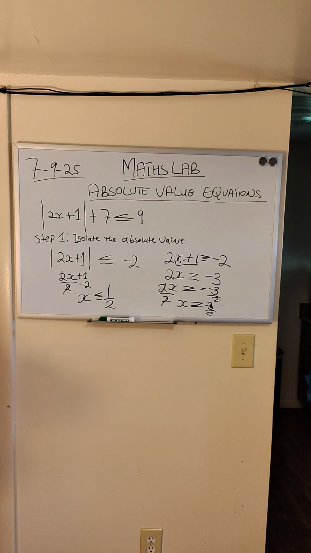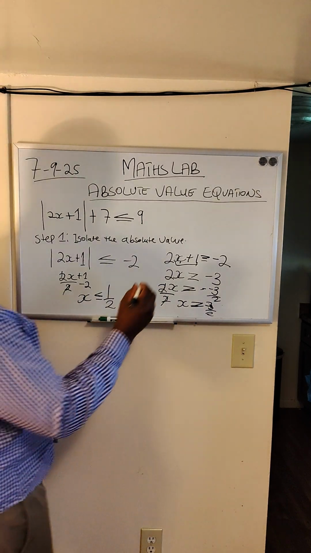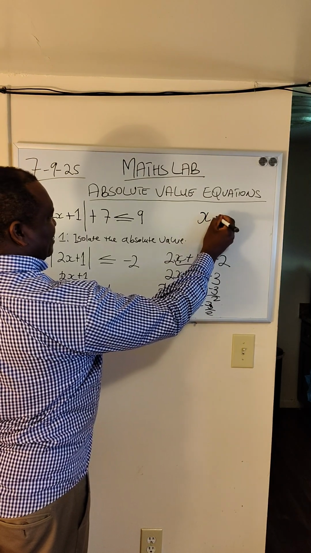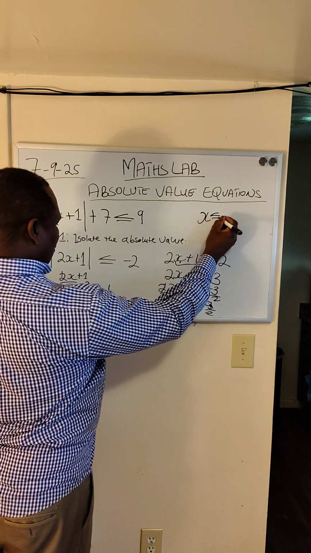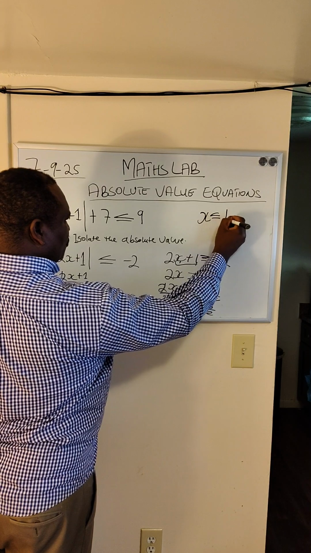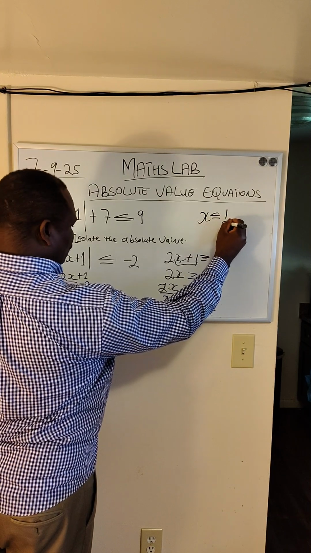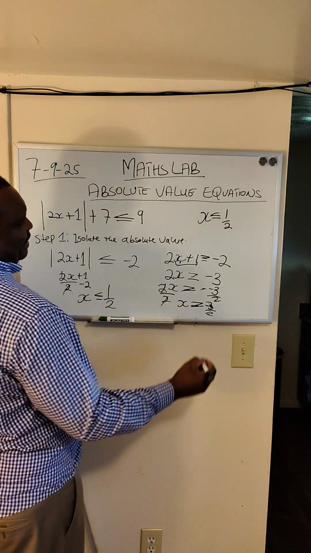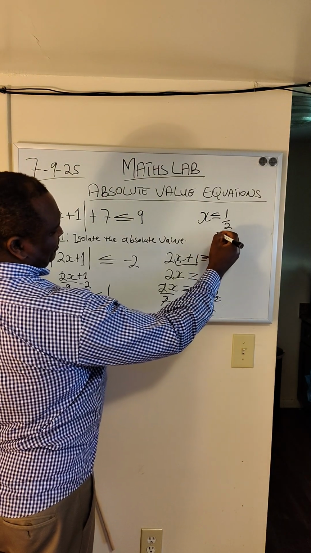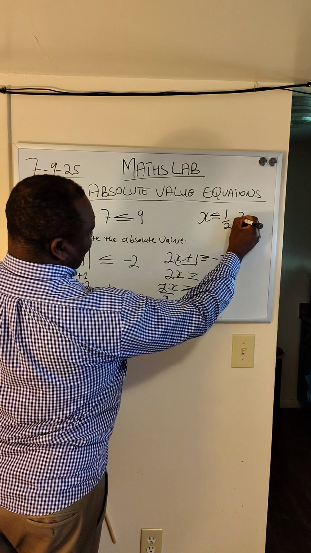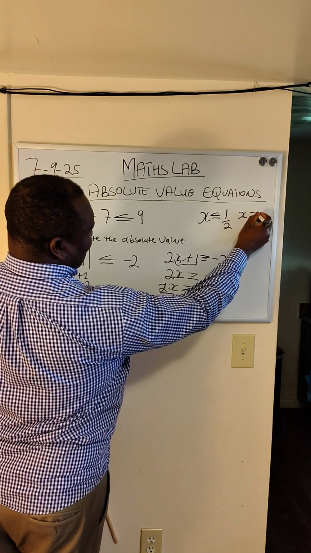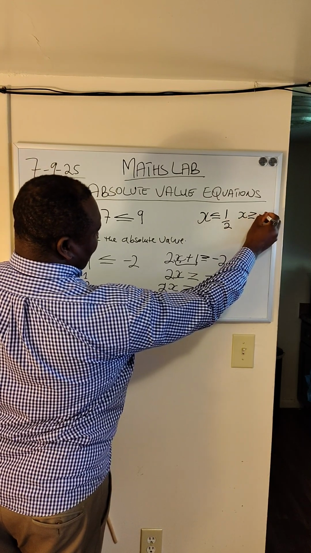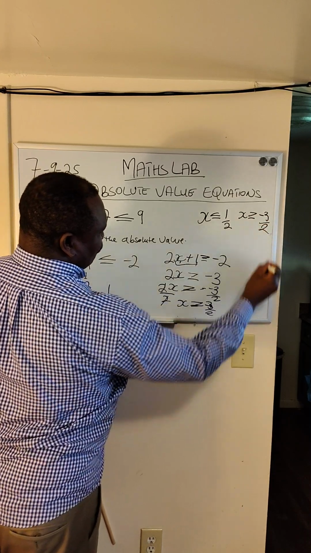So those are our two final answers. Our first answer is x is less than or equal to 1 over 2. And our second answer is x is less than or equal to negative 3 over 2.